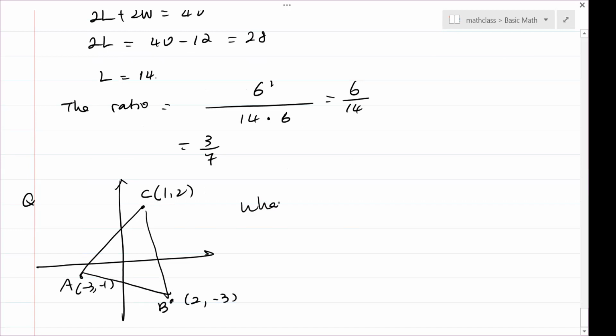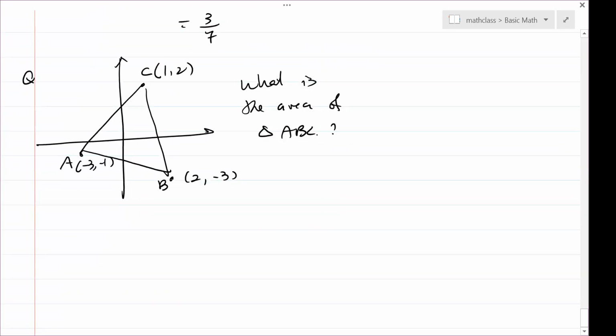And what is the area of triangle ABC? So find the area of this triangle.